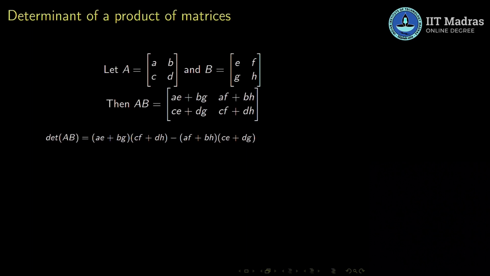Just to recall for you, this was how it worked. So, now let us expand the brackets. If you expand the brackets, you get ae times cf plus bg times cf plus ae times dh plus bg times dh minus af times ce minus bh times ce minus af times dg minus bh times dg.